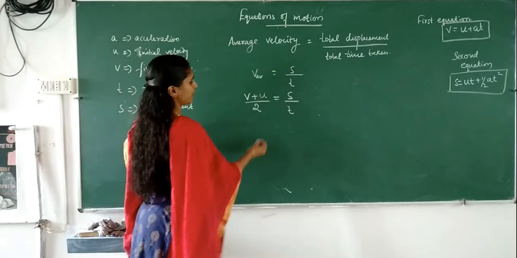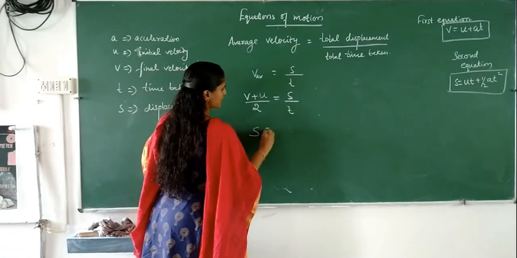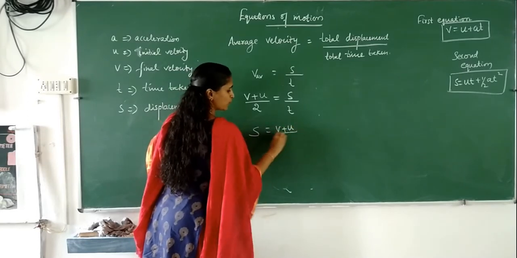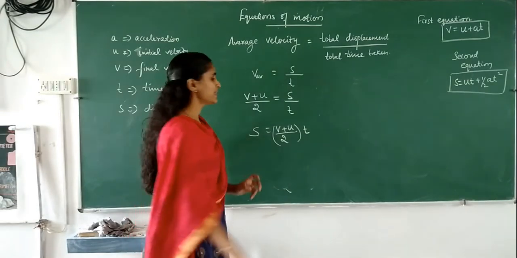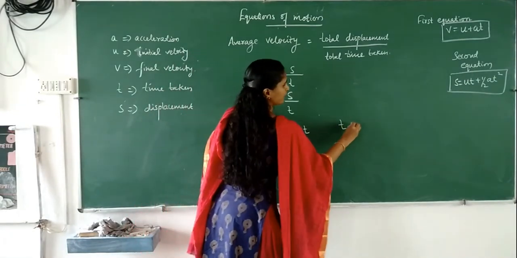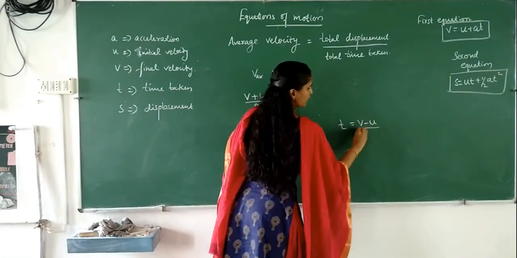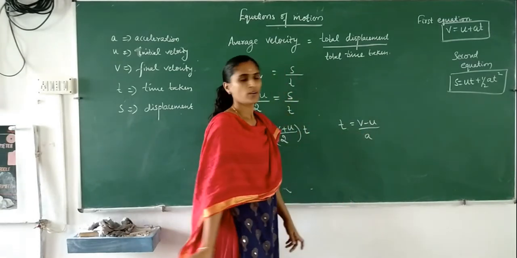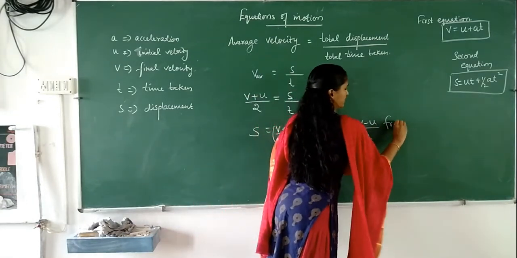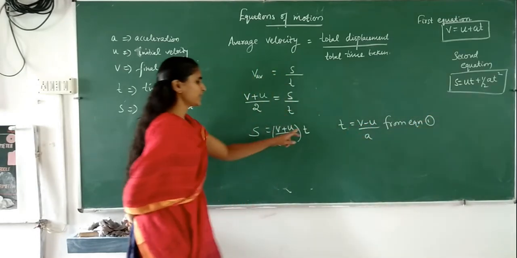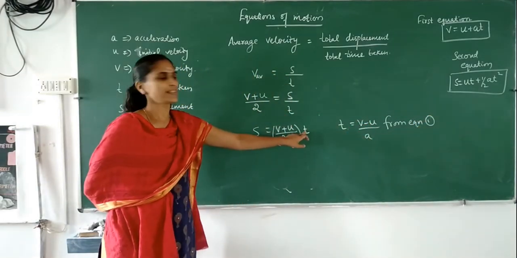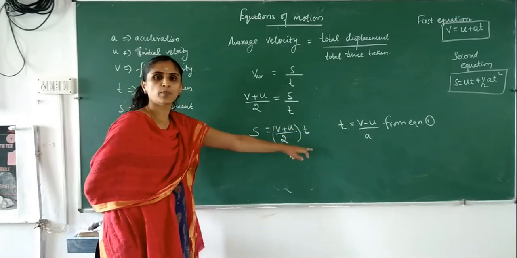Now we can write s equal to v plus u by 2 into t. And here instead of t, we write v minus u by a, from equation 1.